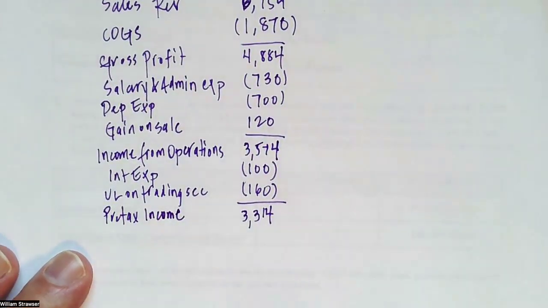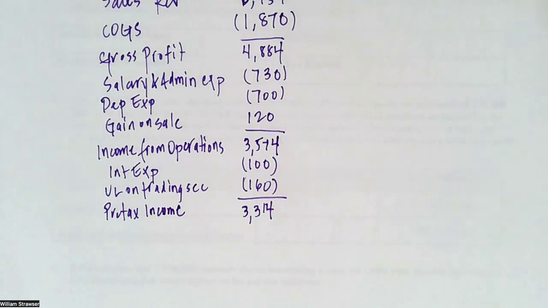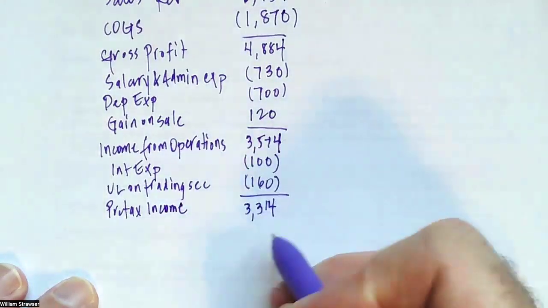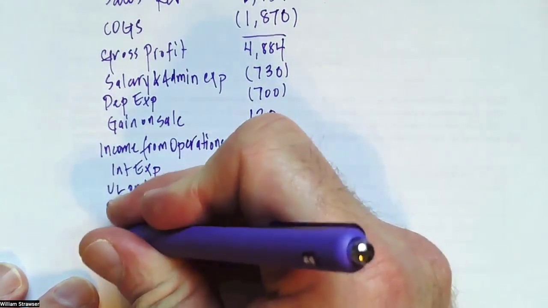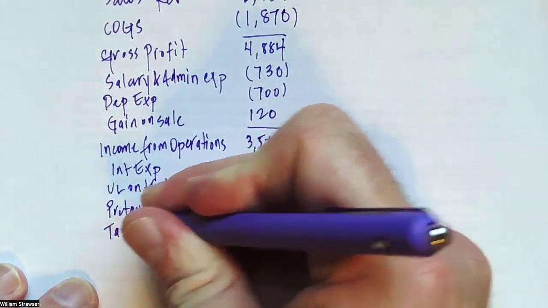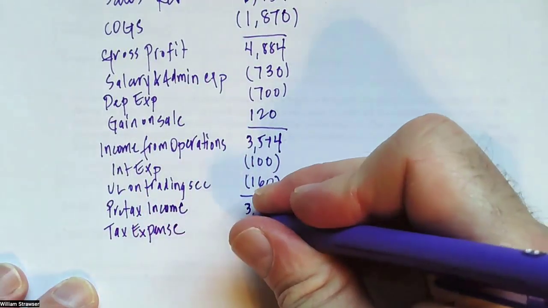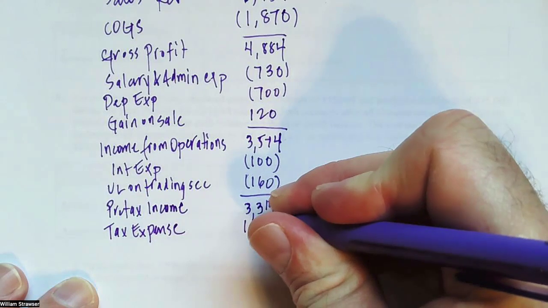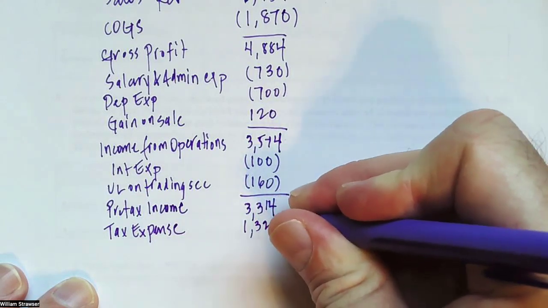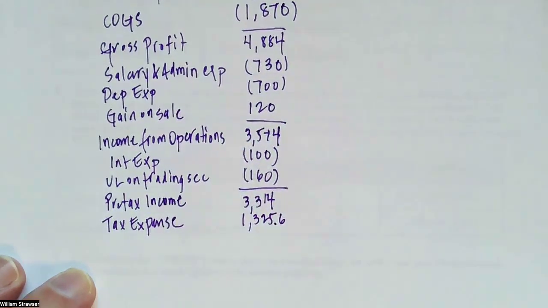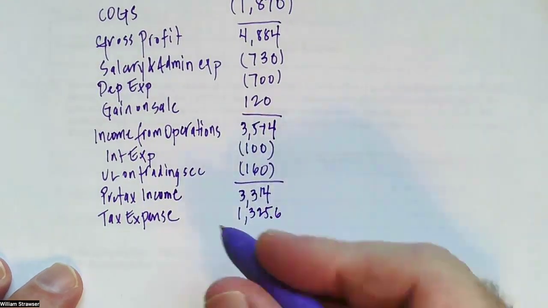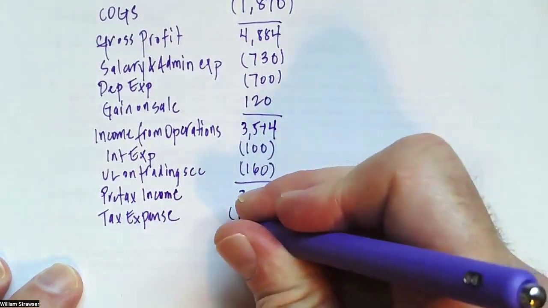So if it's pre-tax, that means I want to take a tax on it. The tax is 40%. So I take 40% of that 3,314,000. And that gives me a tax expense of 1,325,600 or 0.6 in this case, since we're dropping them zeros.